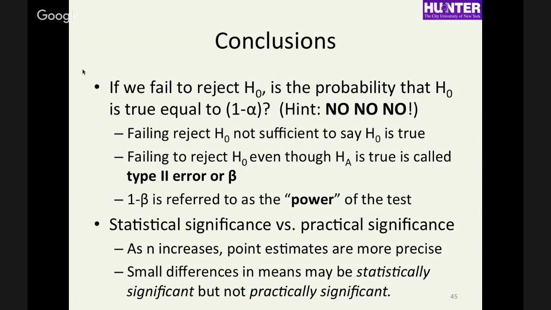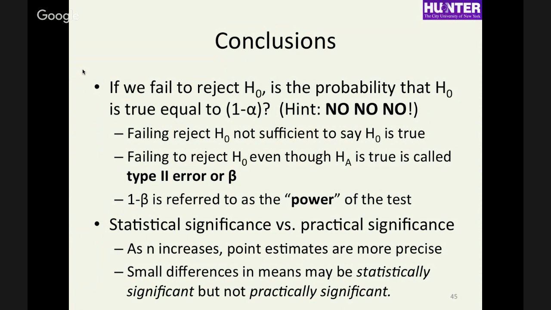Remember, you could always fail to reject the null hypothesis just by not collecting enough data. So that is not relating to type 1 error. But when we fail to reject H0 when the alternative is true, that's our type 2 error. But we're never going to estimate the probability that the null hypothesis is true. It's just not something that we can really do.